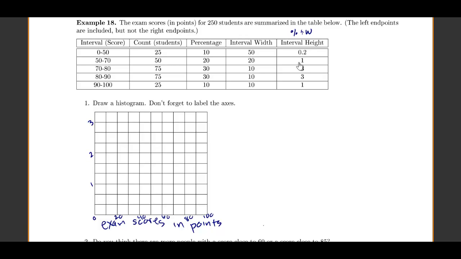For my y label, remember it's your percentage per horizontal unit. So if we're talking about points, it's going to be percentage per exam point. So my first interval from 0 to 50 has an interval height of 0.2.